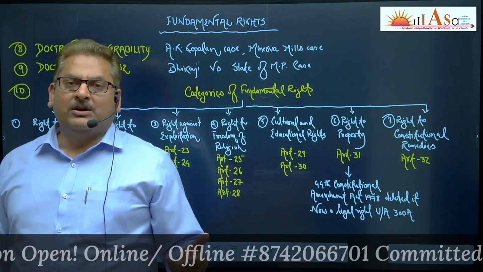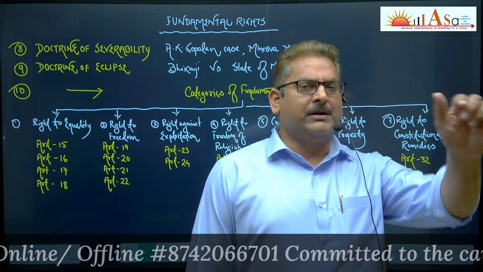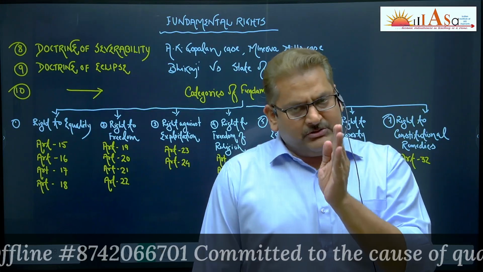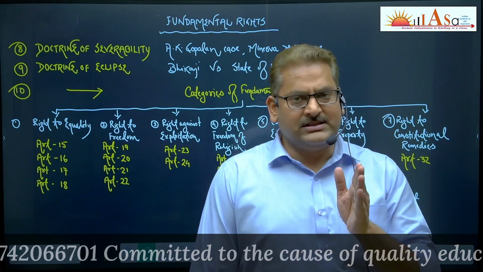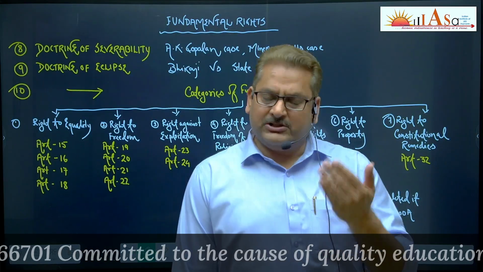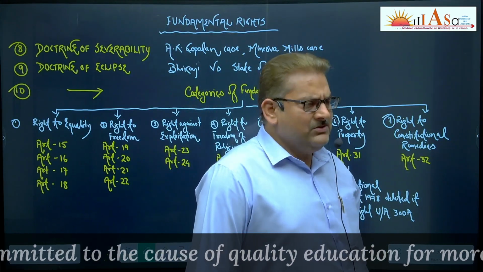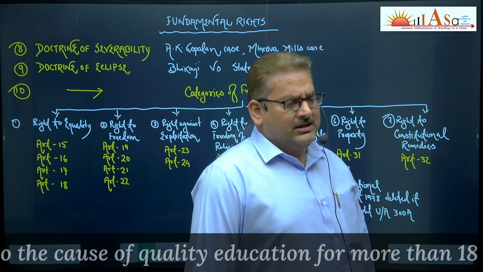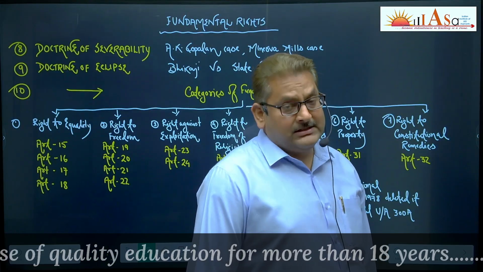Why declare the entire law unconstitutional? There can be some technical or other problem in one of the provisions. You just need to remove that, and if the rest of the provisions are consistent with fundamental rights, then the law should be allowed to be enforced. In this way, you can save a lot of time and unnecessary burden on the state. Clear? But there are certain limitations.